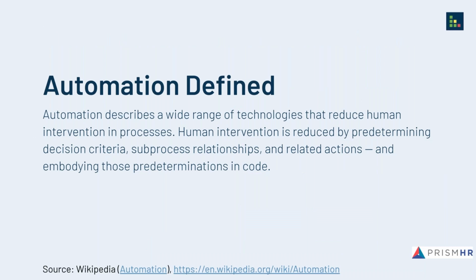So let me define automation. Automation describes a wide range of technologies that reduce human intervention in processes. Human intervention is reduced by predetermining decisions, criteria, sub-process relationships, and related actions, and embodying those permutations in code.